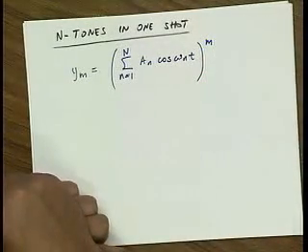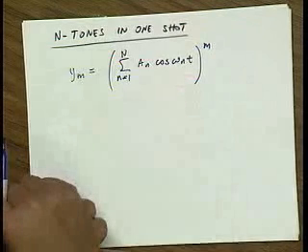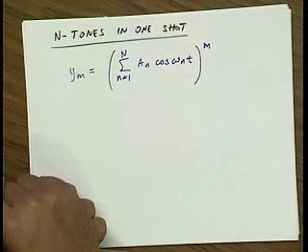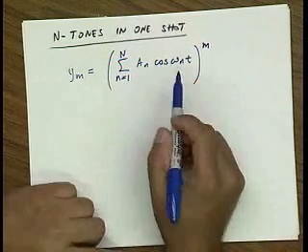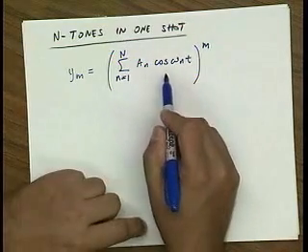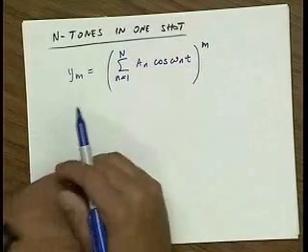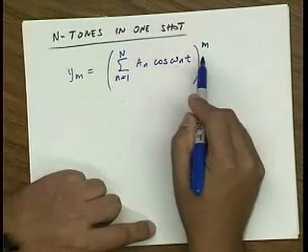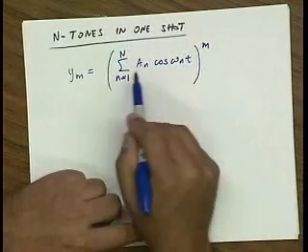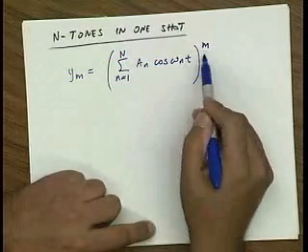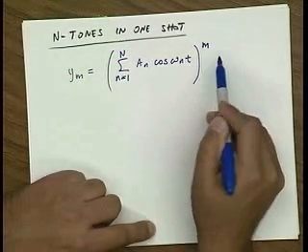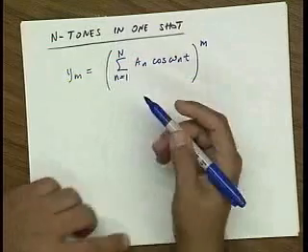We want to find out what the amplitude of all the various mixing products are going to be. The special case was the one tone problem, which we solved, also with a general power. But for two tones, remember, we only looked at second power and third power. Now we're going to solve it in general.